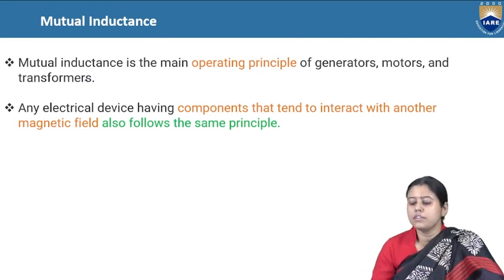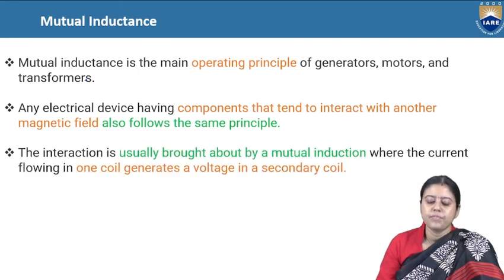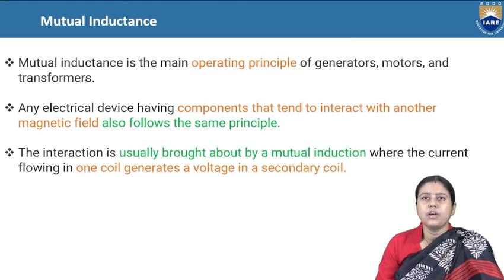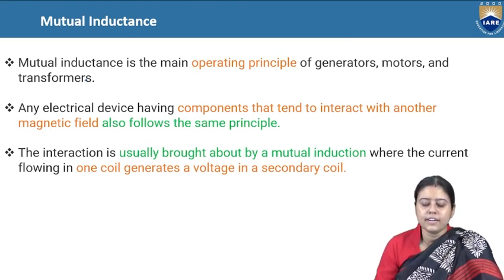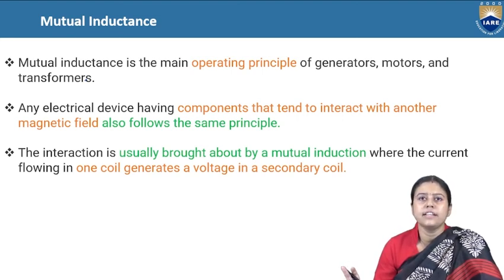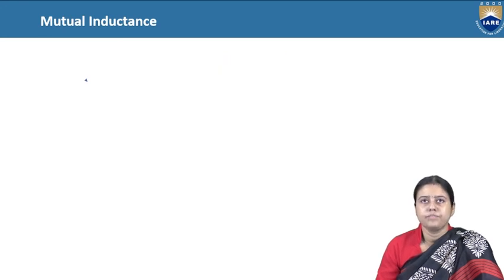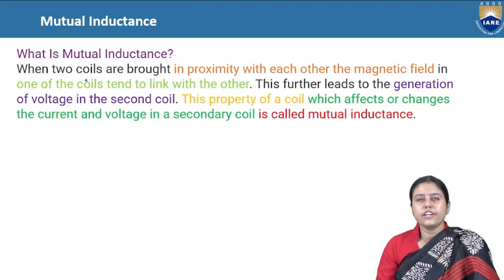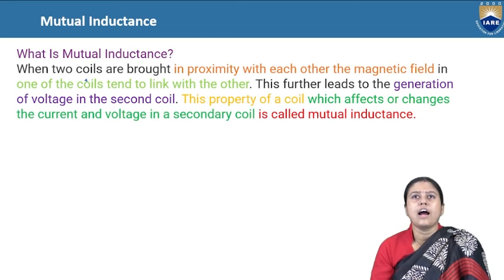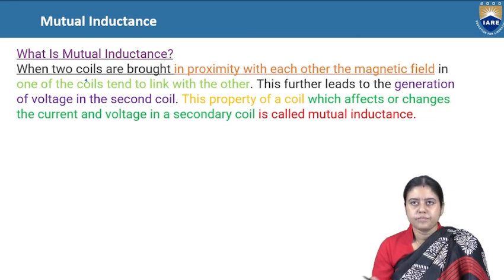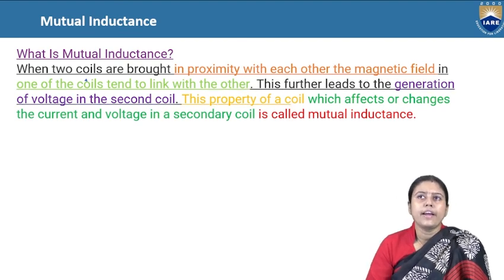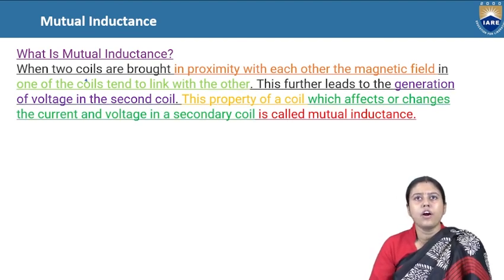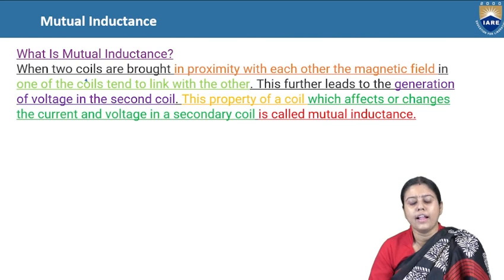This is the mutual inductance. The interaction is usually brought by the mutual inductance, where the current flowing in one coil generates a voltage in the secondary coil. So the definition is: when two coils are brought in proximity with each other, the magnetic field in one coil tends to link with the other coil.